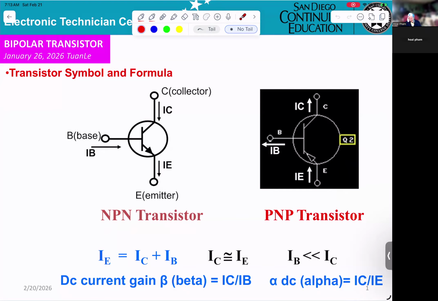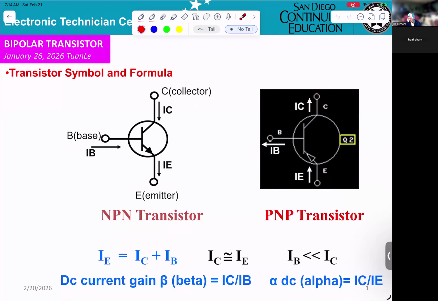A transistor has a base, collector, and emitter. That will be the same for both transistors. That should be the base, emitter, and the collector.